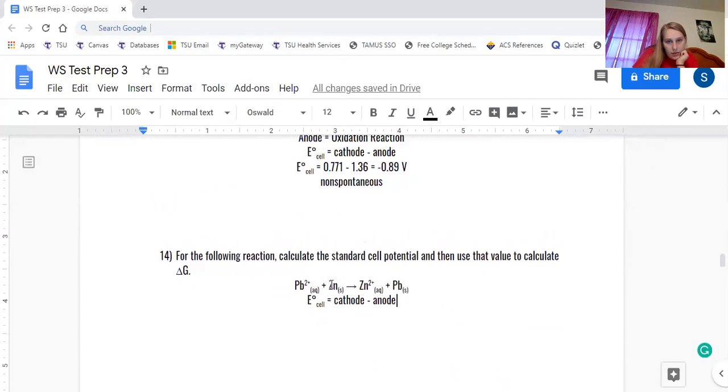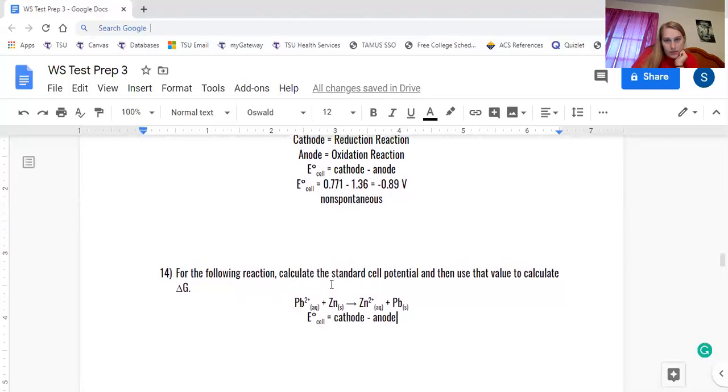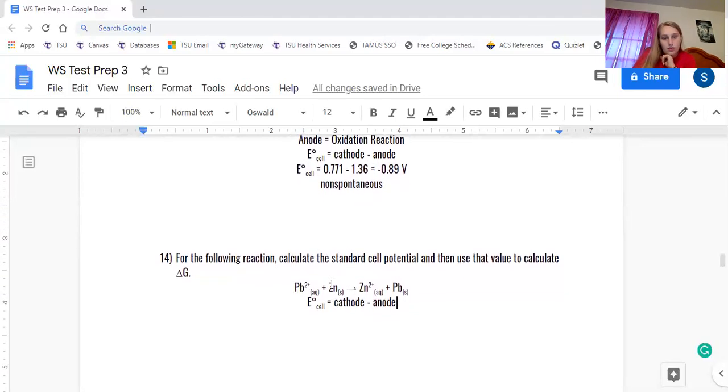Our cathode, like we talked about, is the one that's being reduced. So this is going from positive to 0, so that must be the one being reduced. So we have our lead on here, and that's going to be negative 0.13. So E cell here is negative 0.13.